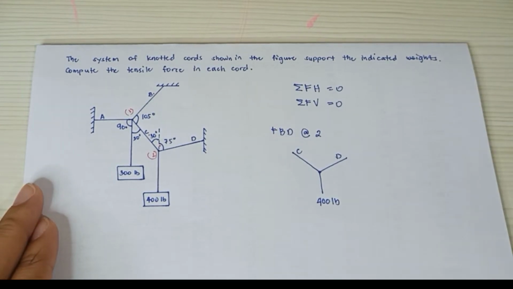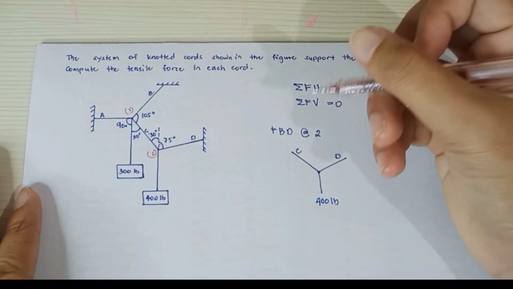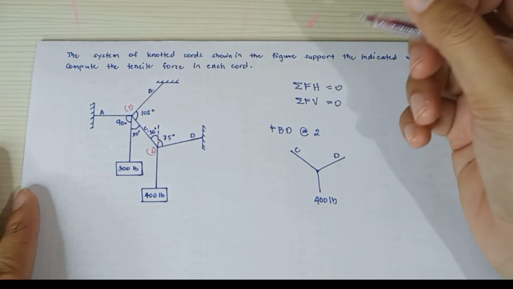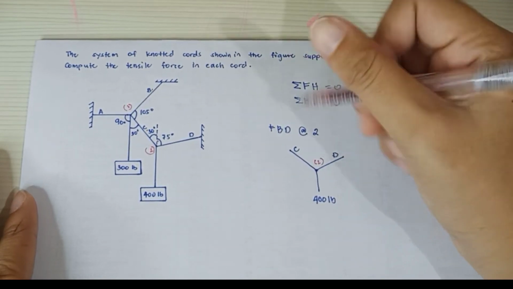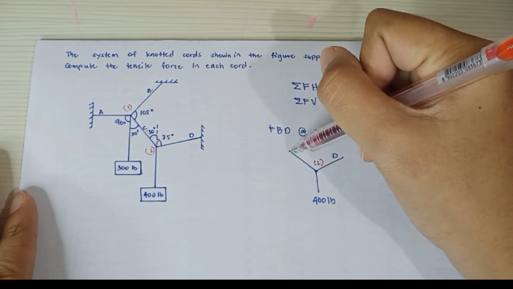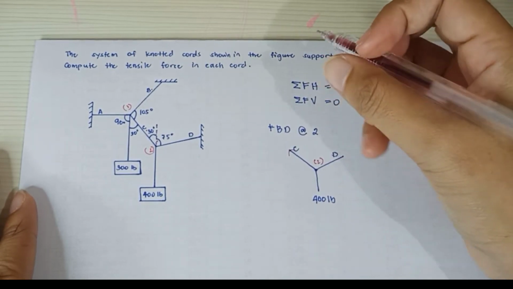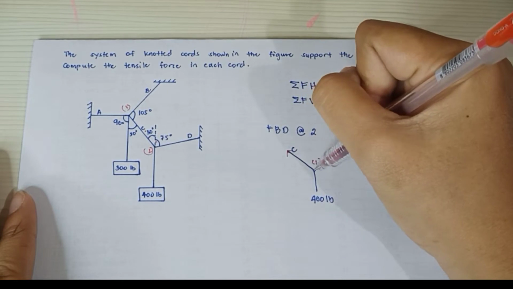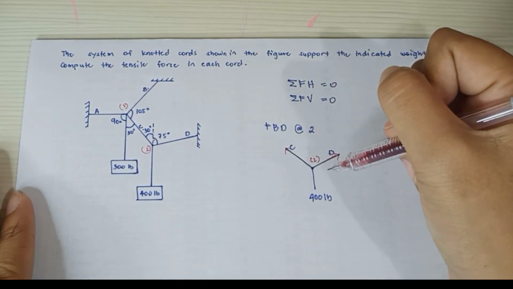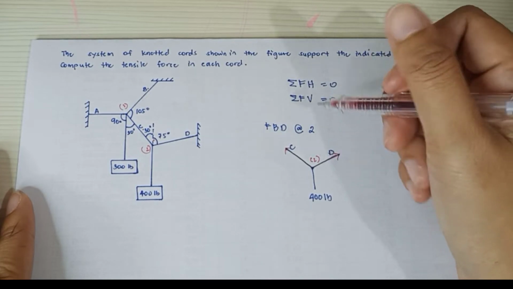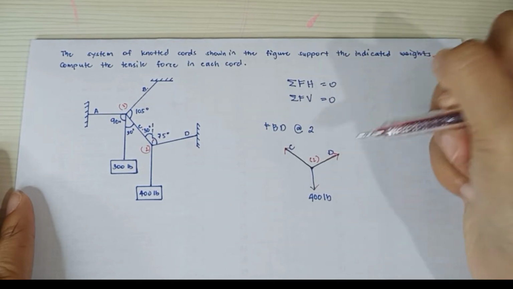So, the force acting at the chords are tensile forces. So, in reference to this knot, or the knot 2, meron tayong force away from the knot. Ayan, ganun din dito. And then, yung weight naman is going downward.